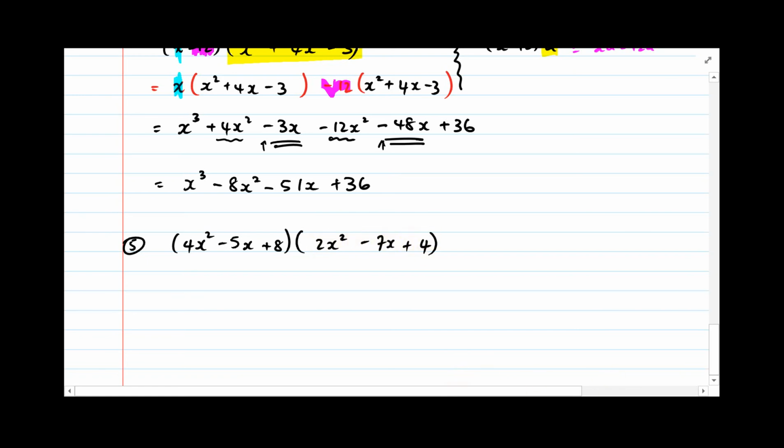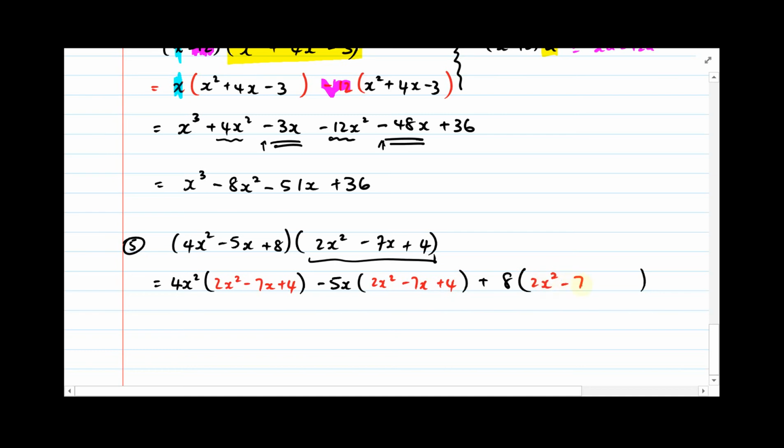Same principle. What I'm doing is taking 4x squared times the second bracket, minus 5x times that whole thing, and 8 times the whole thing. Let's just write back what we had in that second bracket: 2x squared minus 7x plus 4, and here we go again. So it doesn't matter how many times I have it.